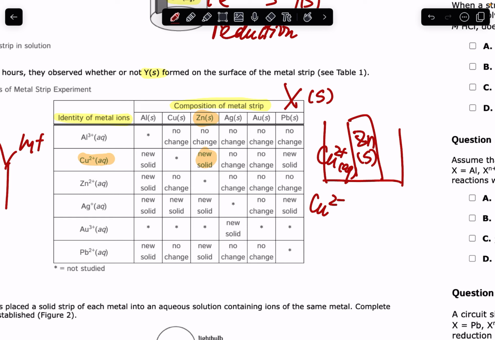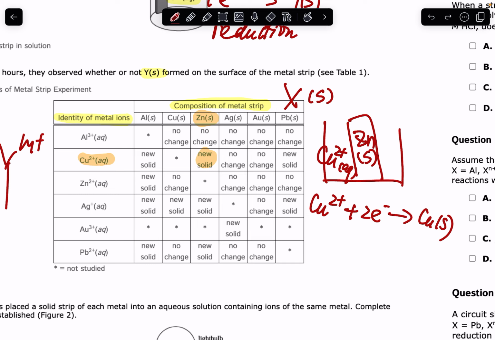So like I said again, the ions will have to gain electrons to form the neutral solid form, right? So in this case, what this tells me is that copper has a higher reduction potential than zinc, because copper, in this case, is the one that's getting reduced, the one that's forming the new solid, right?